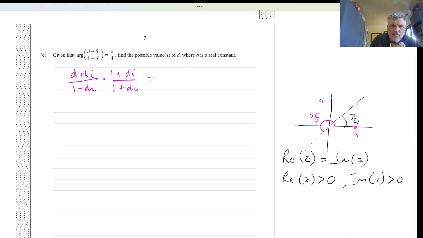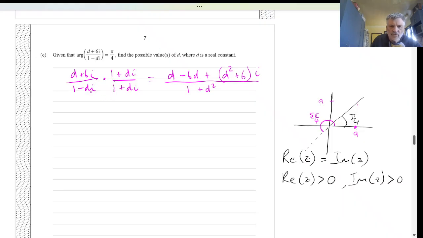So on the top numerator we get d times d, and we get 6i times di, 6d i squared, and i squared is negative 1. That's the real part there. And then plus the imaginary part, d times d is d squared, and 6 times 1 is 6. That's the imaginary part. And on the bottom we get 1 plus d squared.